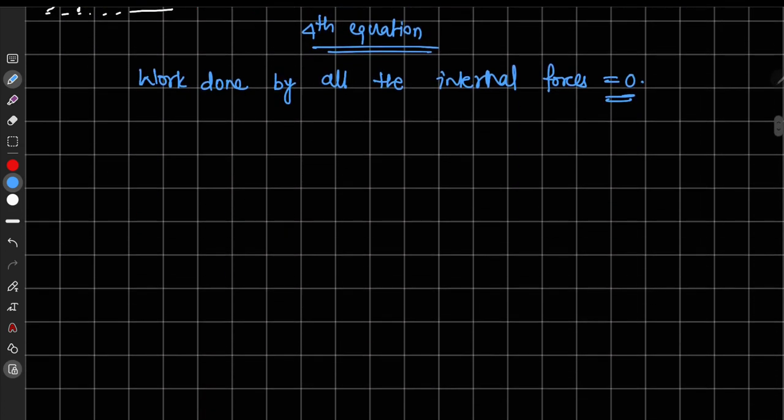So if we talk about body 1, then in body 1 we are having the tension force of T1 and it is moving in this particular direction, let us say by the distance of x. Okay, and if we talk about body 2, then in body 2 we are having the tension force of T in this particular direction, and let us say it is moving in this direction with the displacement of y.